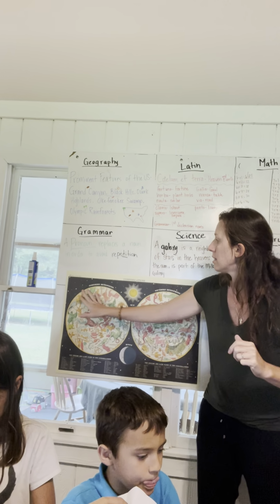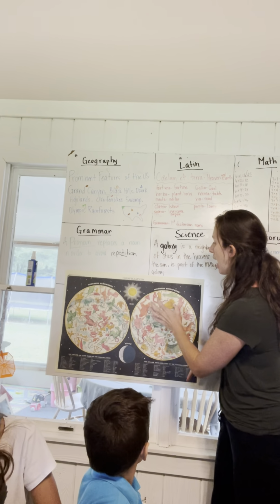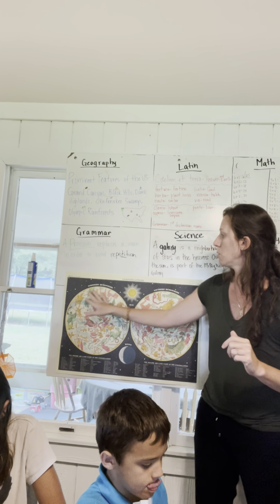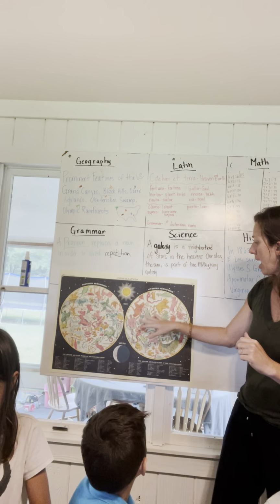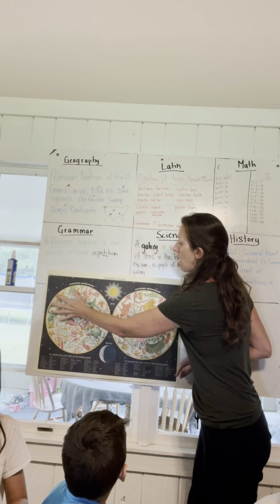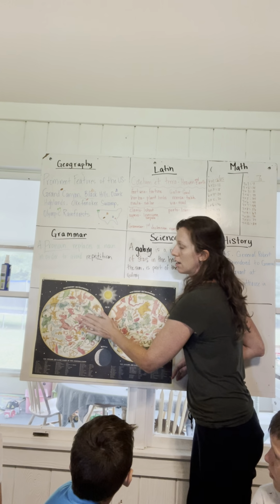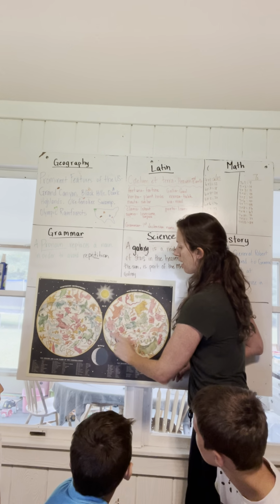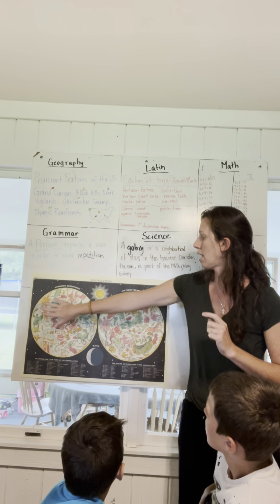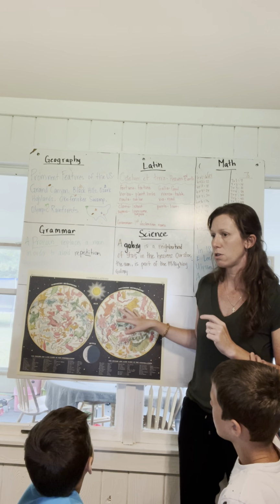So these are both halves of the northern hemisphere. This is one side and this is the other side. So most of the constellations we'll be able to see and recognize are in these two halves right here. Yes, Eli?